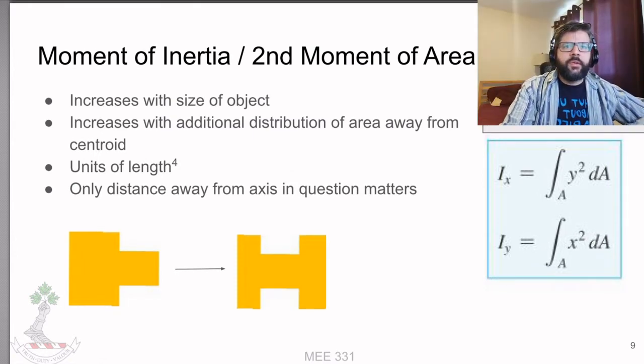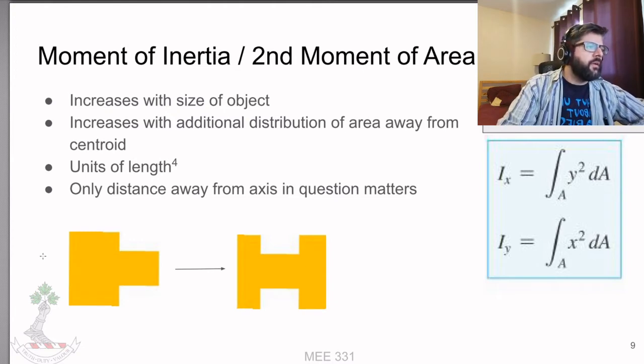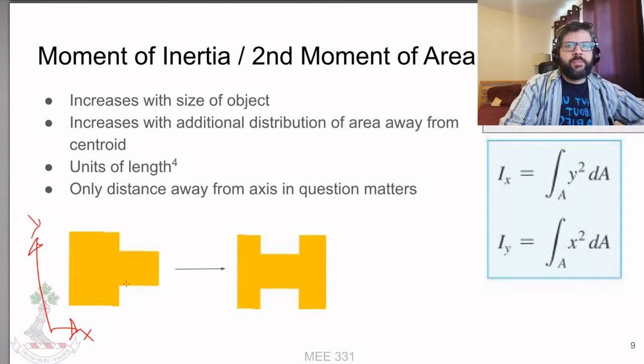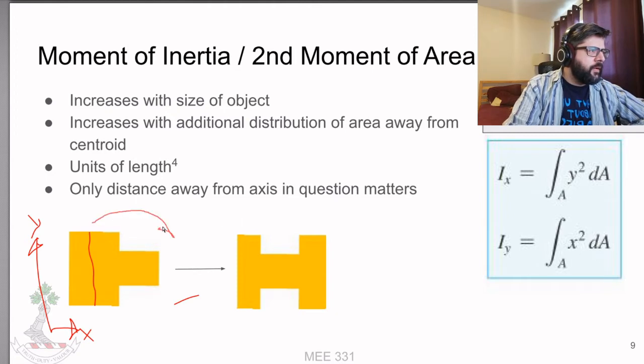Another thing to note here is that it is only the distance away from the axis that you're looking at that matters. So if we take this shape here and shift it over, cut this section off here and move it to the other side, so that we get this shape here.